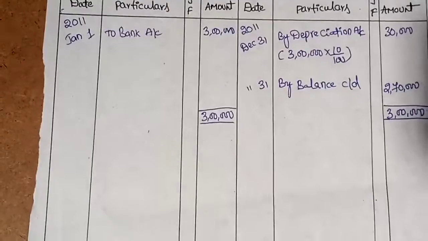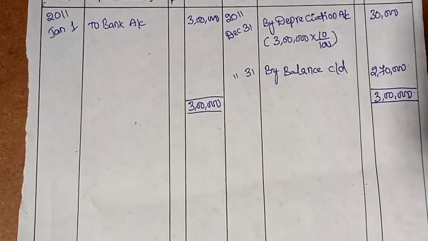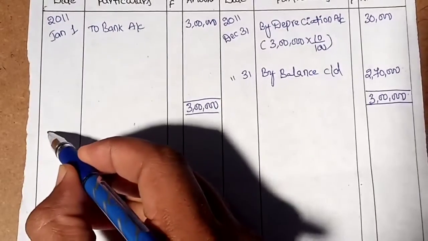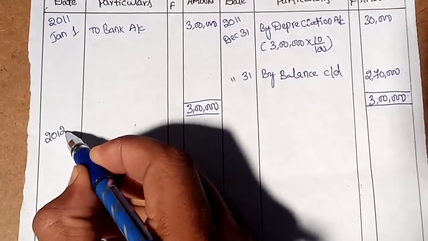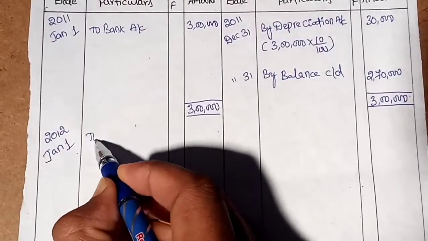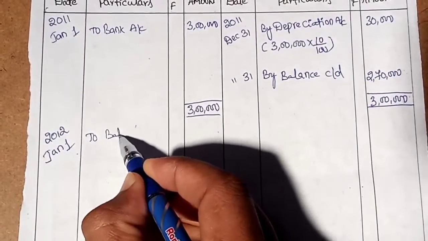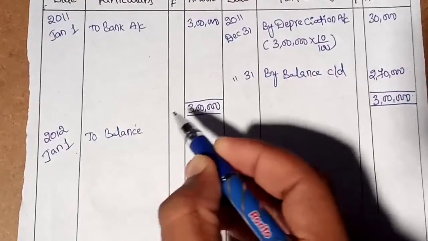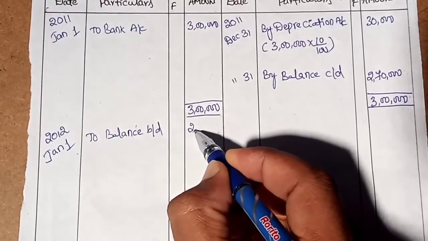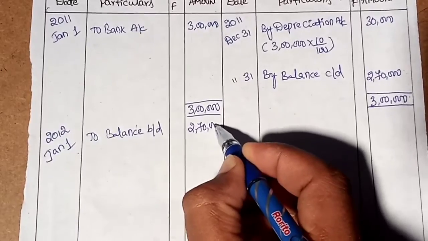This balance carried down we should bring as a balance brought down on the beginning date of the next accounting year. So the next accounting year is 2012 January 1st, to balance brought down 2 lakh 70,000.